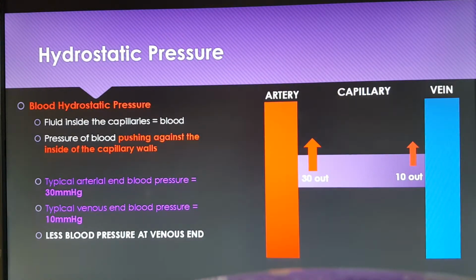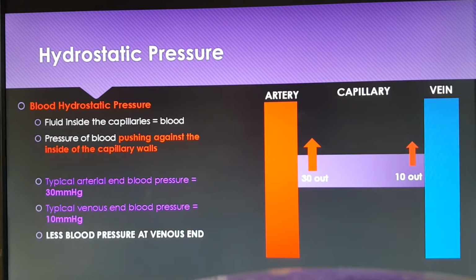For your first pressure, your hydrostatic pressure, you have hydrostatic pressure of the blood as well as hydrostatic pressure of your interstitial fluid. The blood hydrostatic pressure is the force of the blood pushing against the capillaries, also just generically known as your blood pressure.